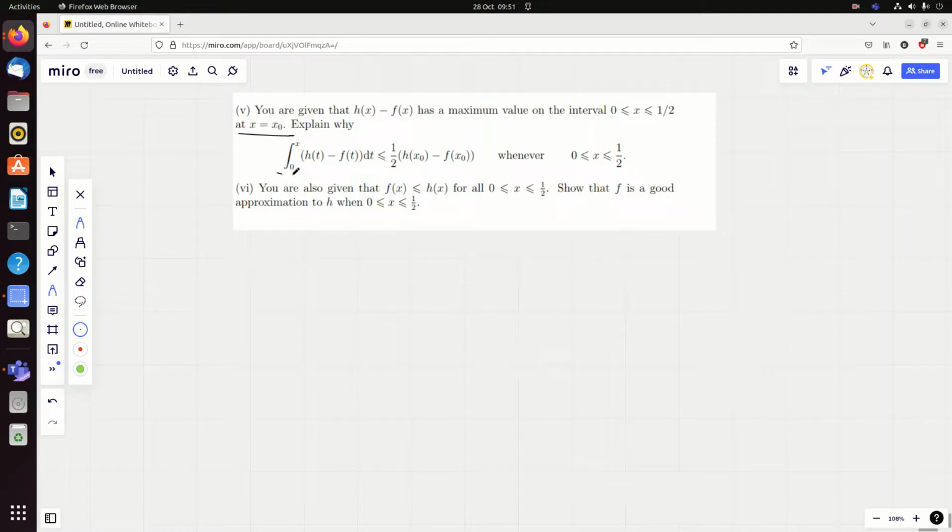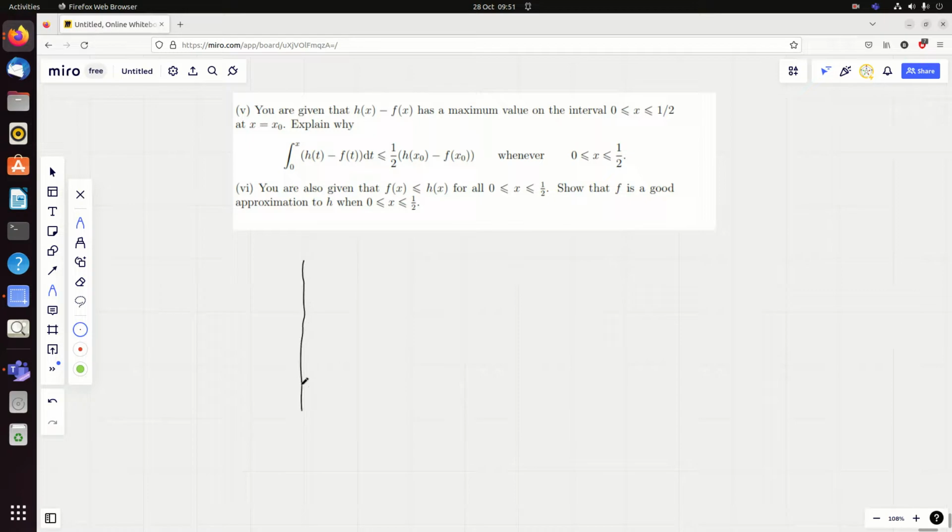Well, as I was saying before, integration in the MAT and the TMUA is often really not integration. It's often just finding areas under curves, especially when you've got an inequality here. You're trying to show that the area under the curve for this function is definitely less than that.